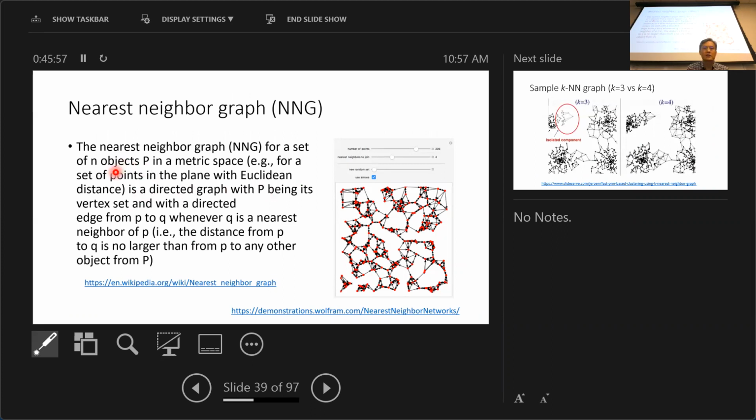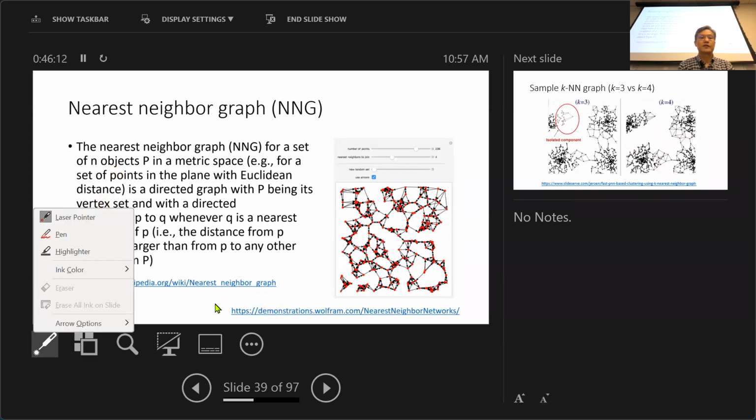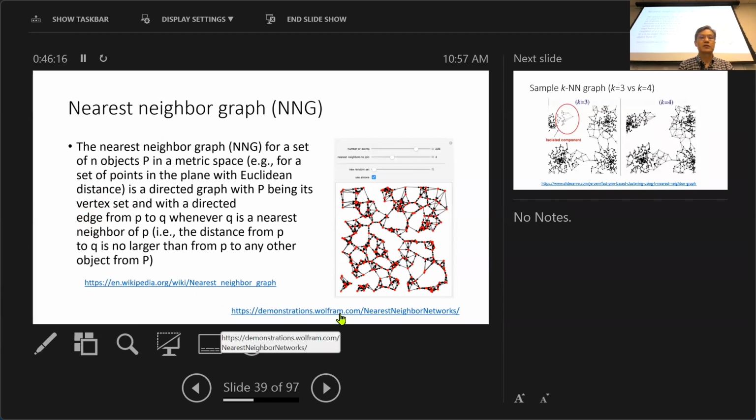Okay, so this is a demonstration of the nearest neighbor graph. Let's see the time. I will see whether I can play this. This allows you to select different k.